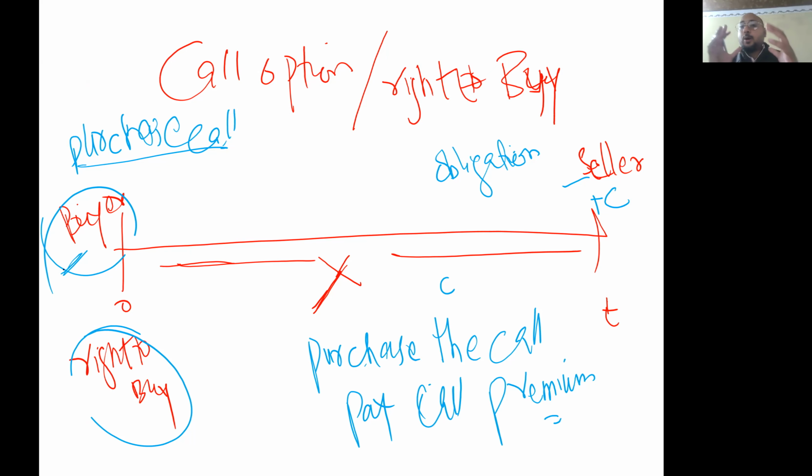Now we are following the jargon of international finance in currency derivatives, especially currency options. So when the purchaser of the call purchases the call option, he pays the call premium, minus c, and the seller receives plus c.